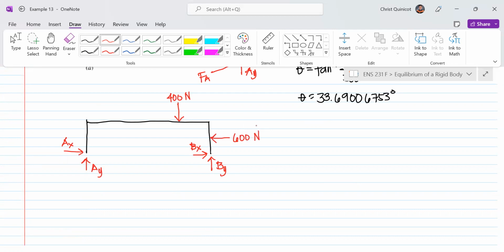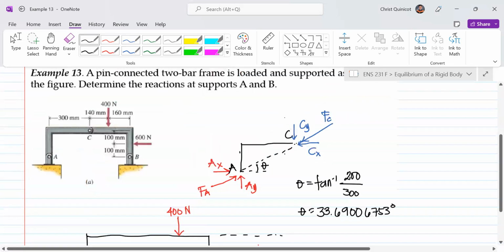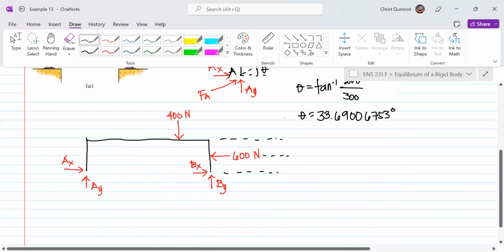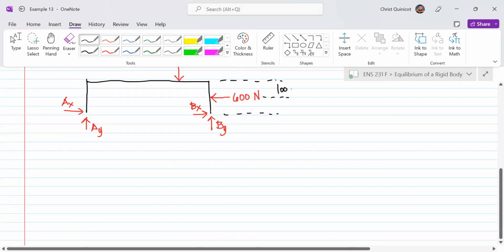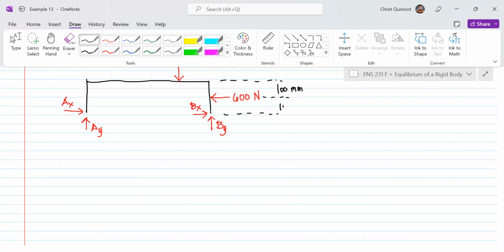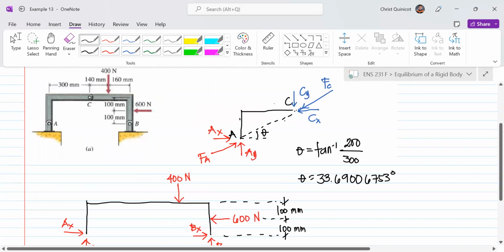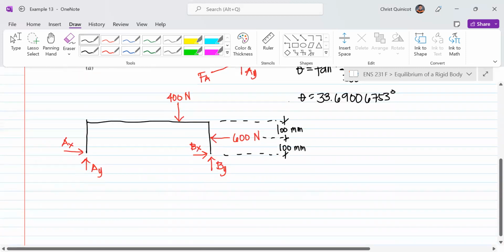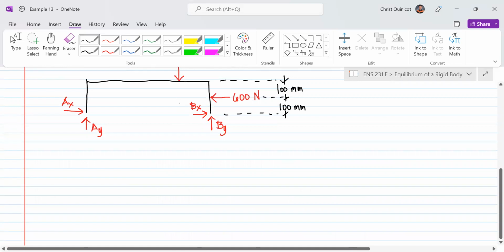So we write now the dimensions from B to our 600 Newton and to the horizontal bar, which is 100 mm, 100 mm. And then from B to the 400 Newton, we'll just put the dimensions at the bottom.